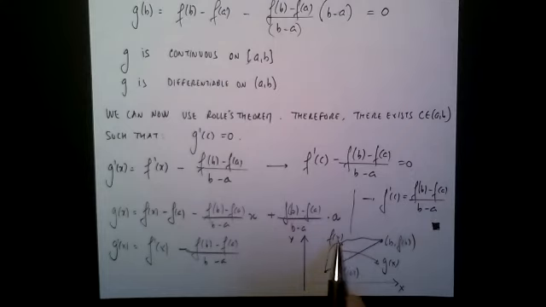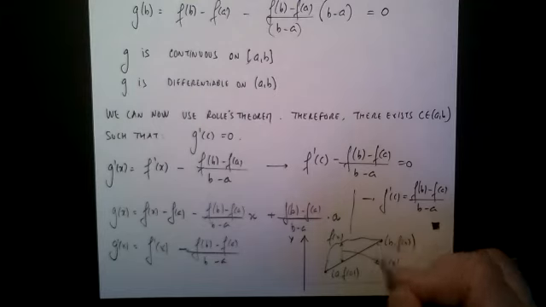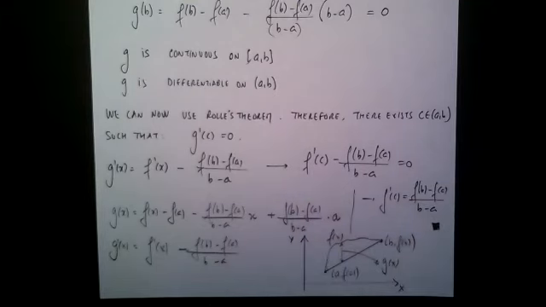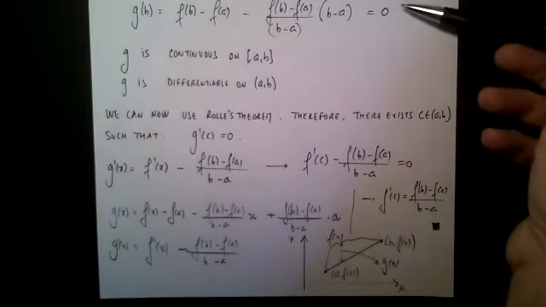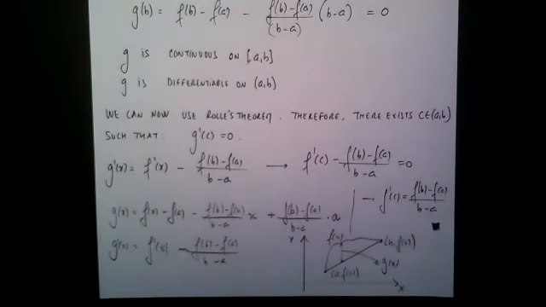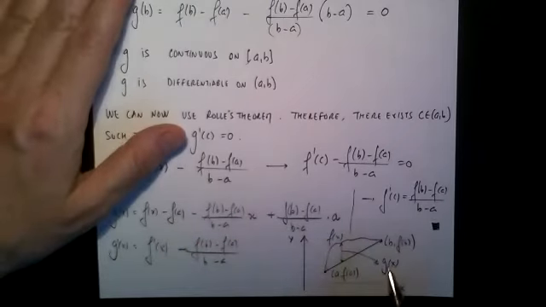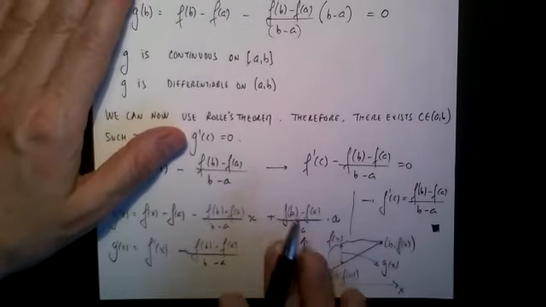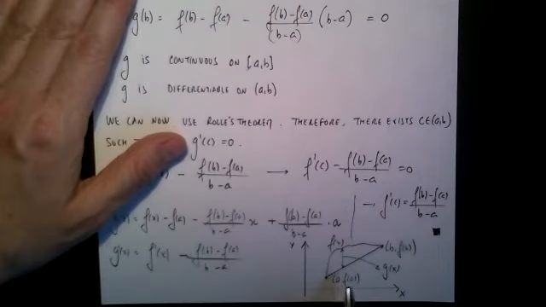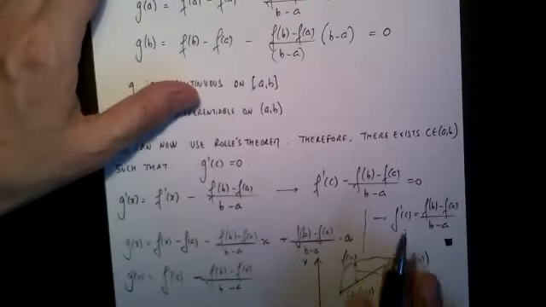And at B also, f of B is equal to f of B, so it's 0. The difference here is 0, and the difference here is 0. This is why we had 0 here and there, if you remember. That's the only thing I did. g of x is f of x minus the equation of this line here. And the equation of this line is y equals ax plus b, which is right here.